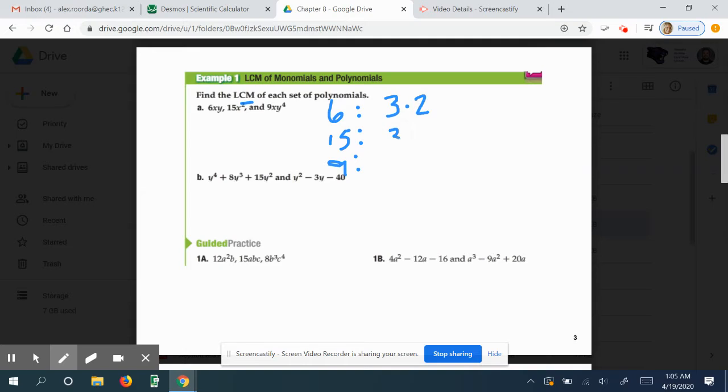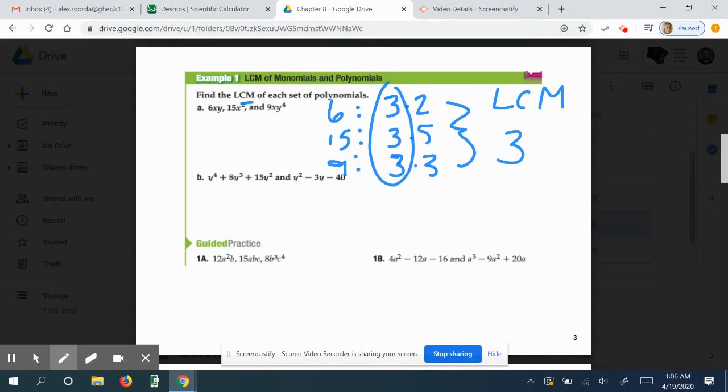And 15 would be 3 and 5, and 9 would be 3 and 3, right? So notice they all have a 3 in common, so that's good. So it means our least common multiple is going to be 3, this one that they all share in common, and then everything they don't share in common. So 2, 5, and 3. That's how we figure it out.